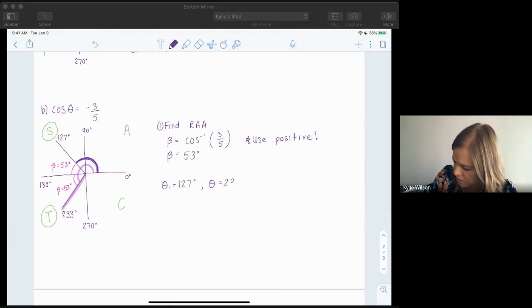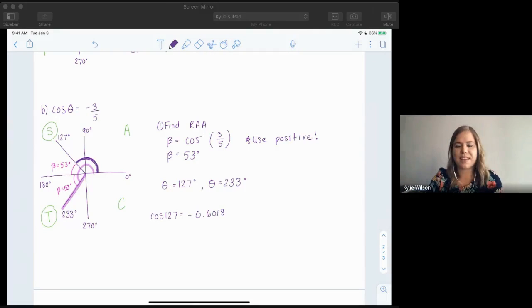Now there is a nice way to check your answers here, which I think is really beneficial. If I put cosine of 127 into my calculator, I get negative 0.6018. If I do negative 3 divided by 5, I get negative 0.6.